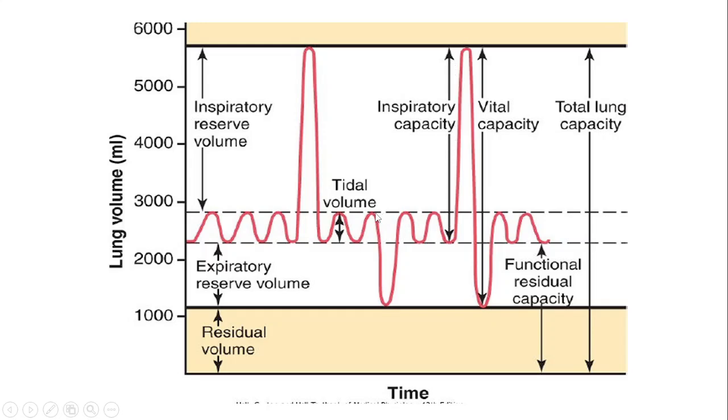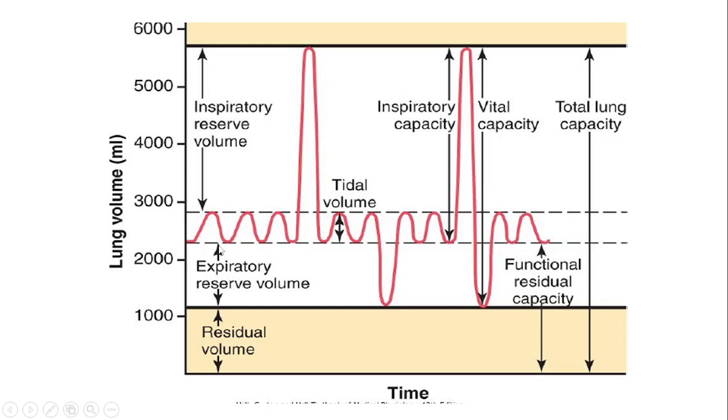Now comes the expiratory reserve volume: after a normal tidal expiration we can exhale an extra 1100 ml of air, that is the expiratory reserve volume, and 1200 ml of air will remain in the alveoli always, even after a most forceful expiration.